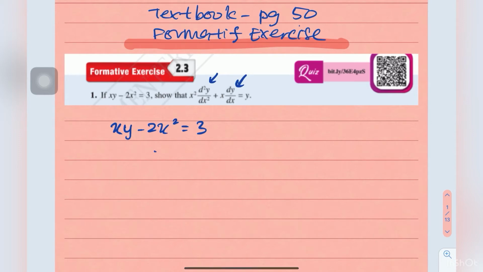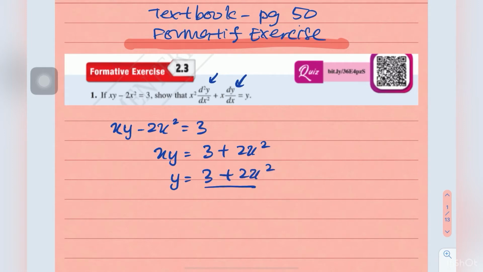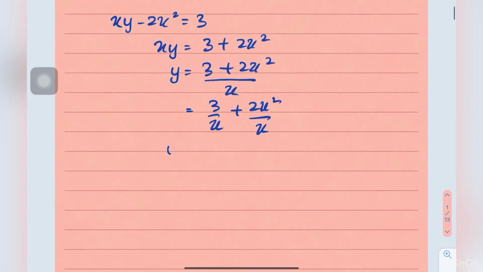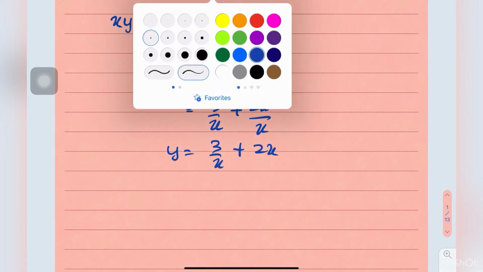Here xy equals 3 plus 2x squared, so y equals 3 plus 2x squared over x. You can simplify this to 3 over x plus 2x squared over x. Therefore y equals 3 over x plus 2x. This is our y.